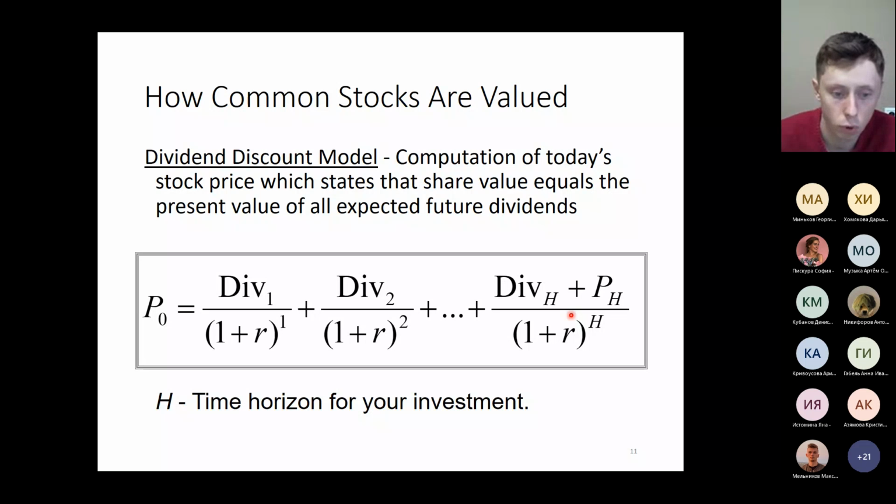And in general form, we can present the idea like this, because dividends are always different. They might, by coincidence, be the same, but they do not have to be the same. That is why we would write this formula like that: the present value of all dividends plus the price at which we would sell it at the end of our investment horizon.